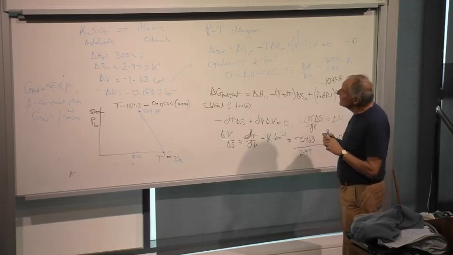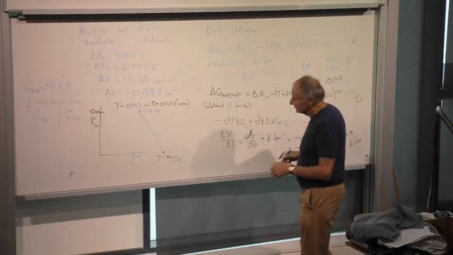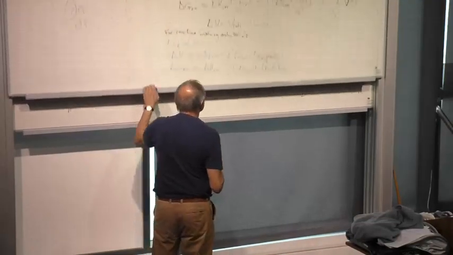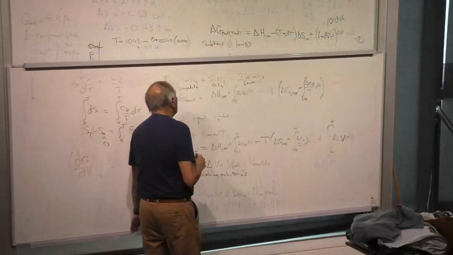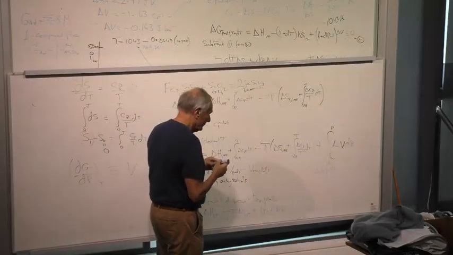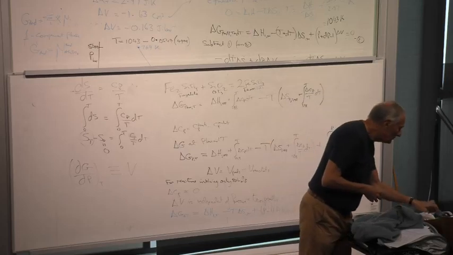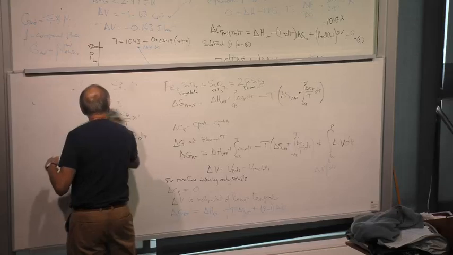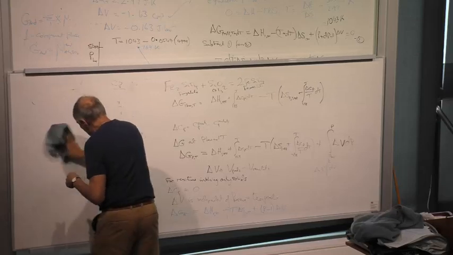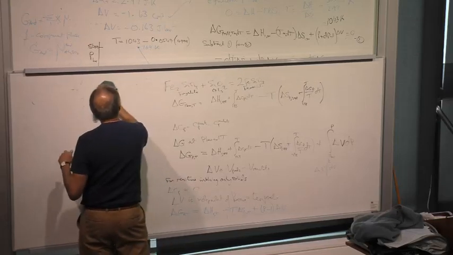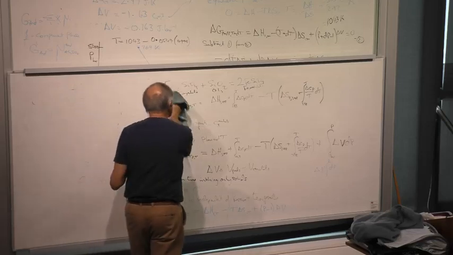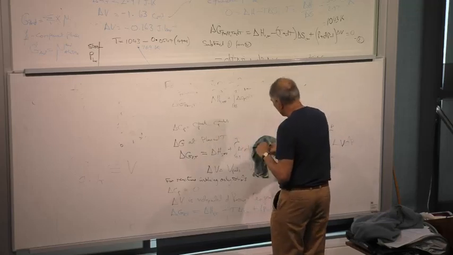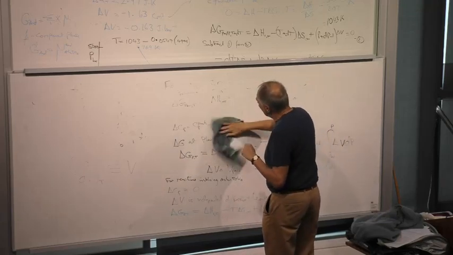Okay. So a negative delta V leads to increasing stabilization of the products with increasing pressure.